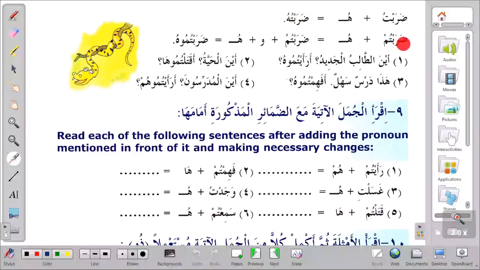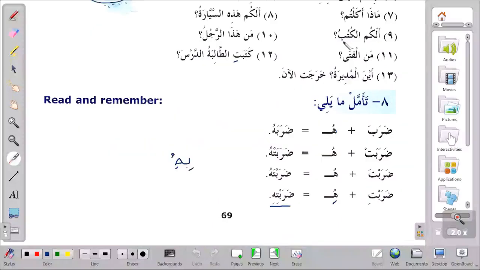Then here, darabtum, and then hu. So we have only 2 exceptions in this particular series. The first exception was this one, when the verb is ending with kesra. I hope that is clear.